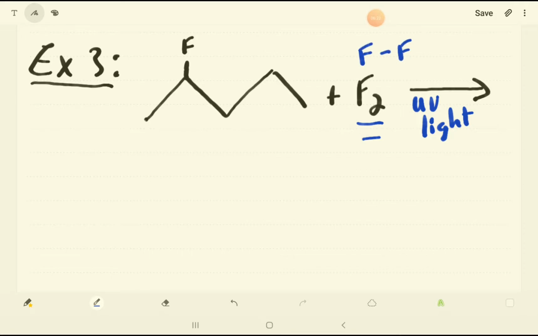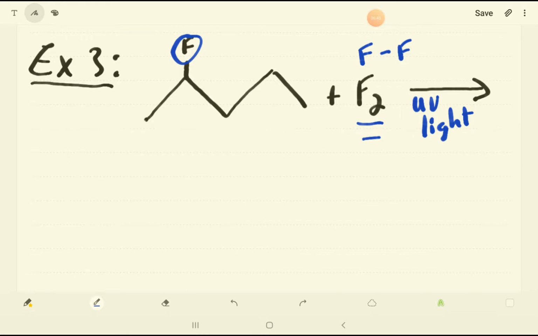Now, here's the difference. There's already a fluorine on here, but that actually doesn't do a thing. The fact that this here is an alkane means that it can only go through a substitution reaction regardless of whatever else is bonded to it.